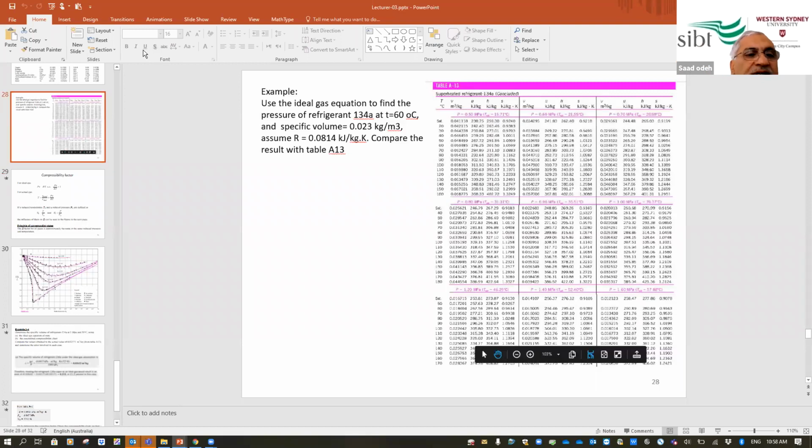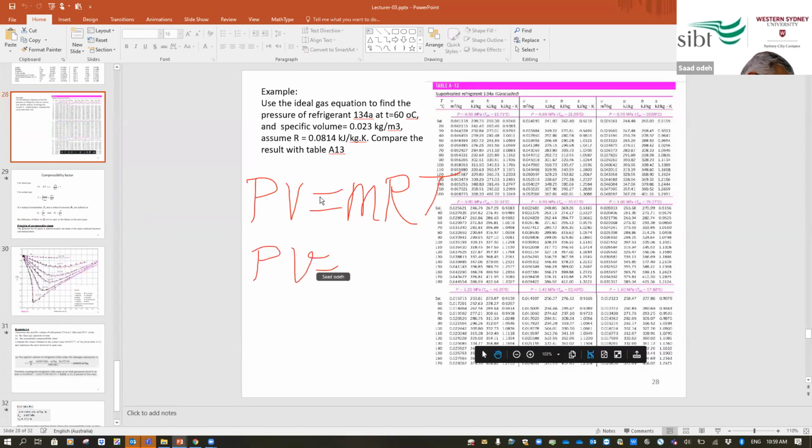So the major one here that I want you to use is the ideal gas equation. Again, it's PV equals mRT, or in terms of per kilogram, P times specific volume equals RT. Please remember this equation.